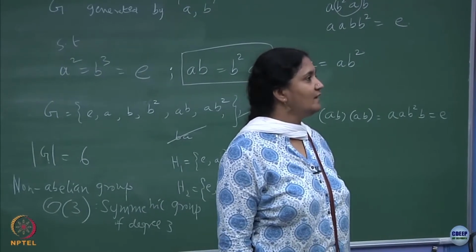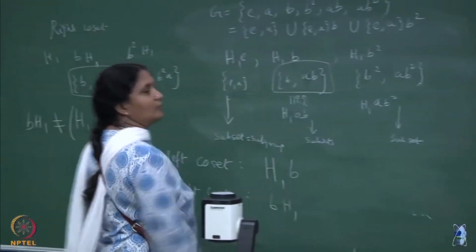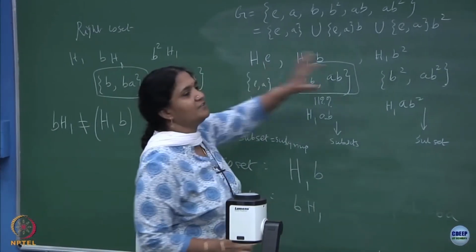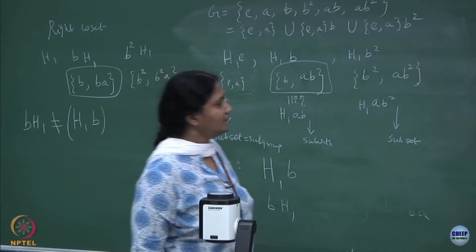Okay. Is that clear? So, I want you to do one more exercise, instead of H1 I want you to do a similar exercise for H2, cosets of a subgroup H2. Can you do that?